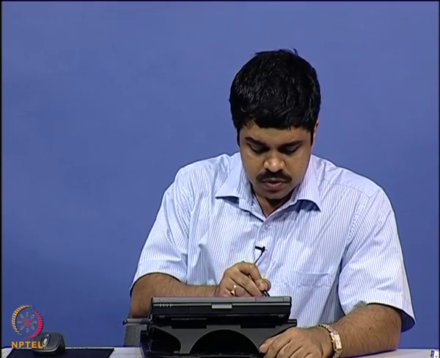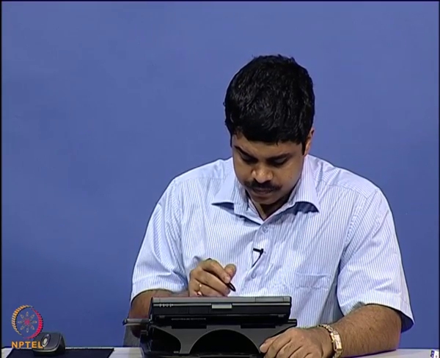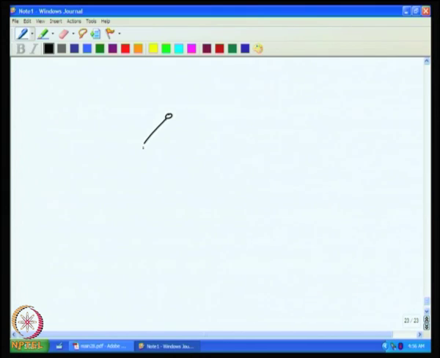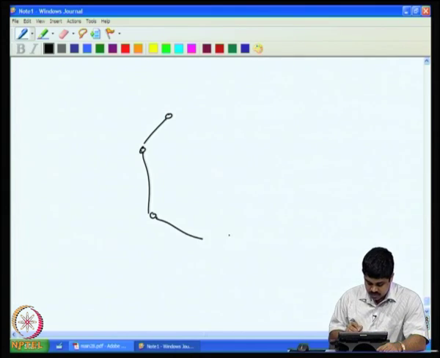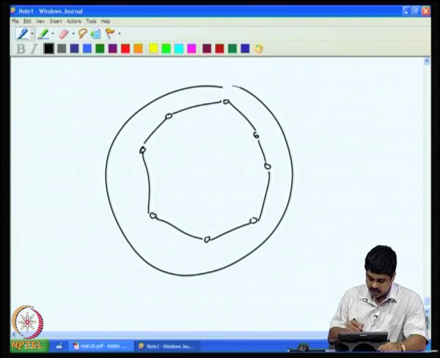So, now the setting is like this. Suppose you consider the longest cycle this time in the graph. If it is a Hamiltonian cycle, well and good, we are done. So, it is not a Hamiltonian cycle. Now, there are some vertices outside the longest cycle.